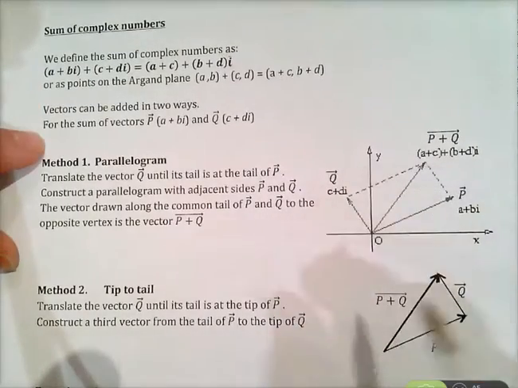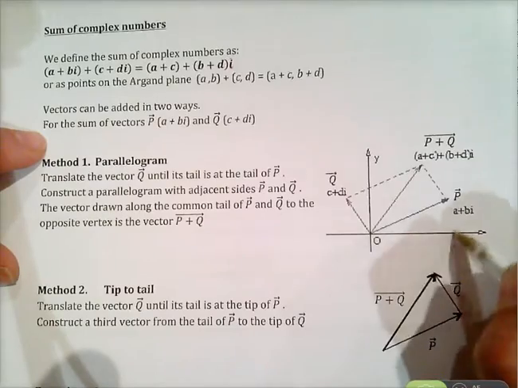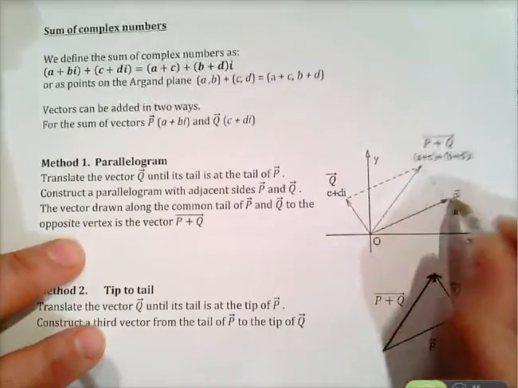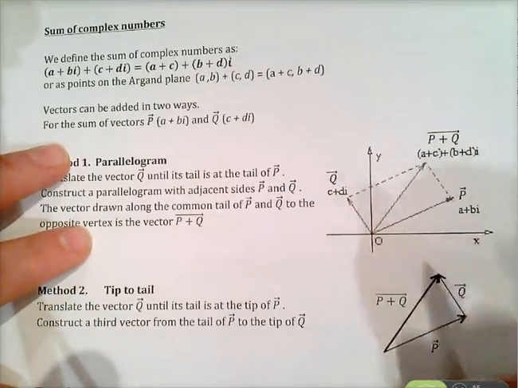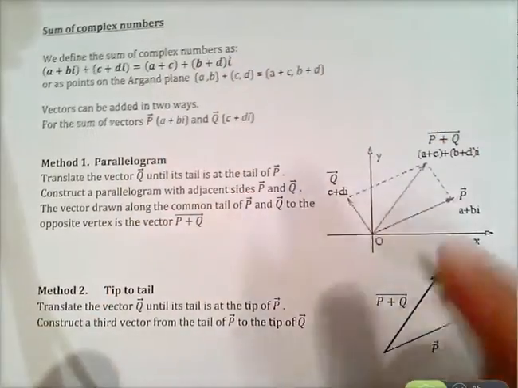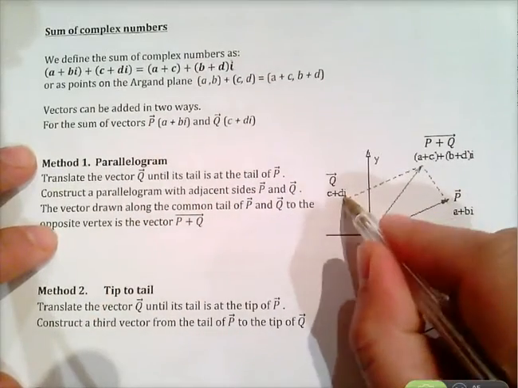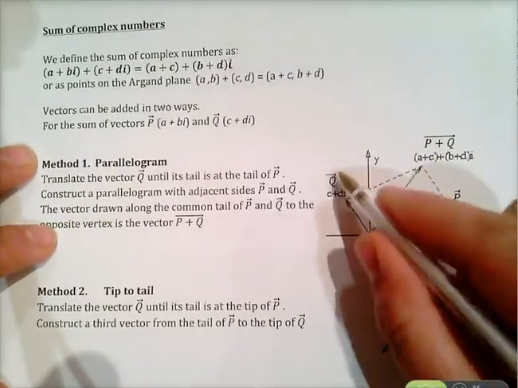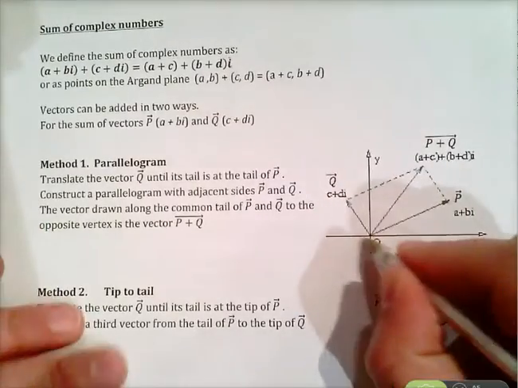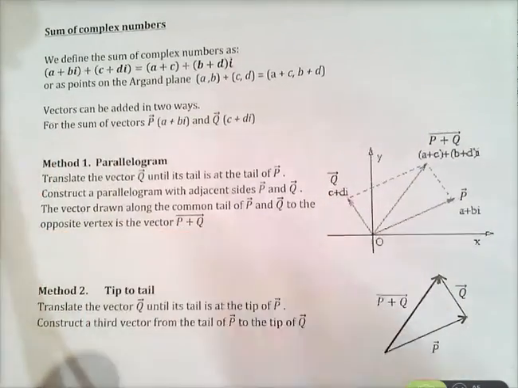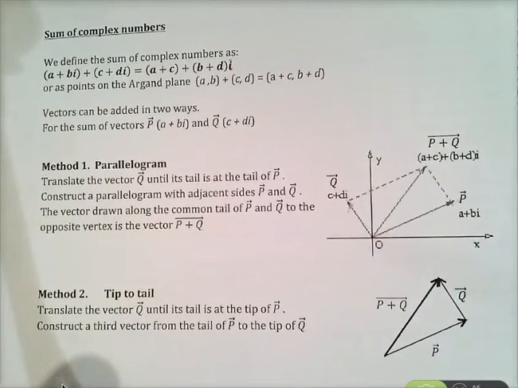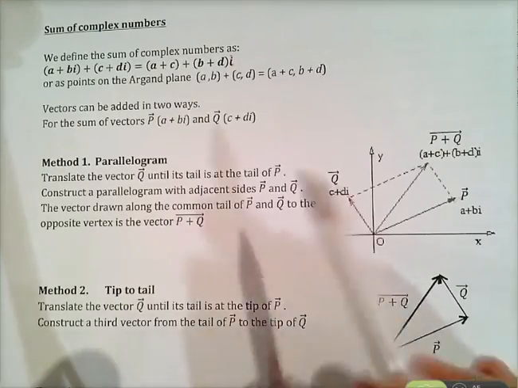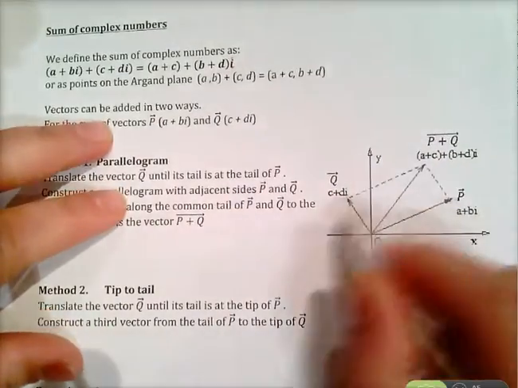We know that, for example, the point P is, say, a plus bi, but we can put it as a point or we can draw it as a vector from O to P. So we call the point P vector OP, and we call the point Q over here vector OQ, or just vector Q. Now there are two ways that you can add the vectors OP and OQ.